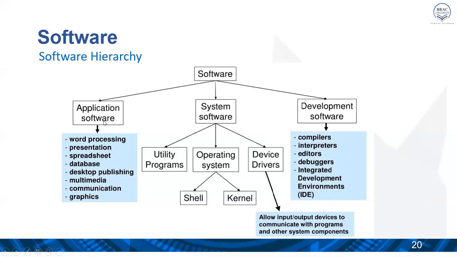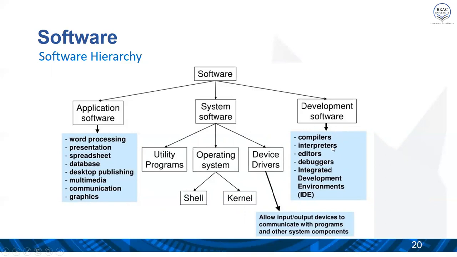Application software is actually designed and developed by the user to instruct the computer for solving a real-life problem. It's like word processing, presentation, database, multimedia, communication, graphics, and so on. And another type of software is known as development software.